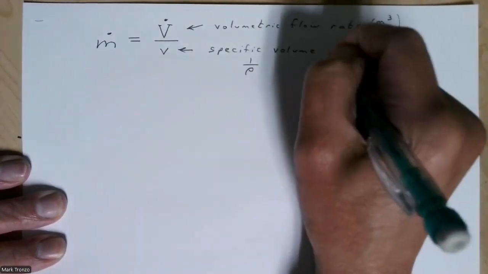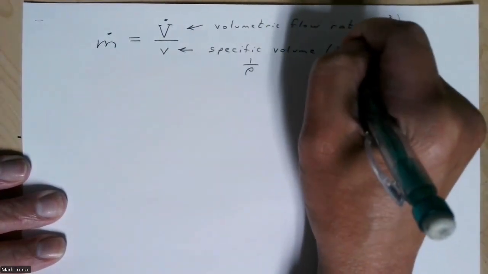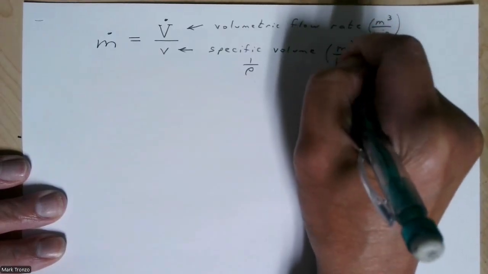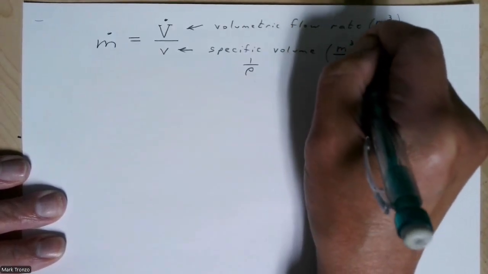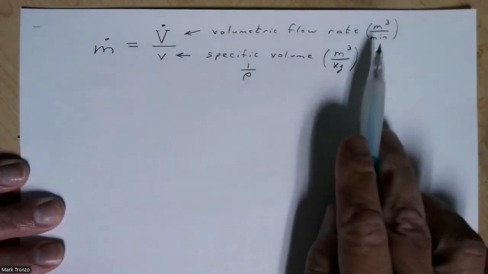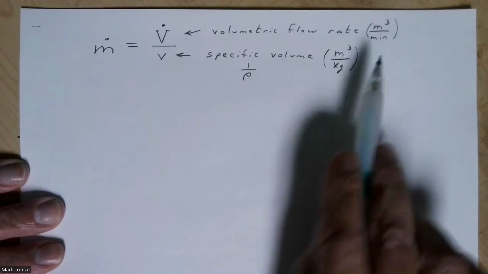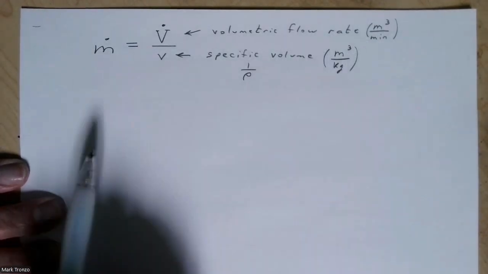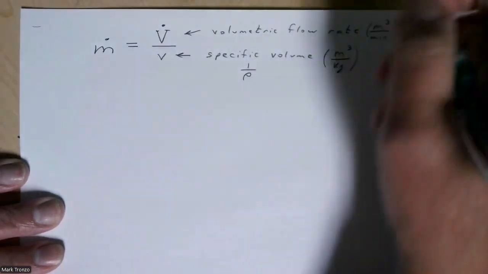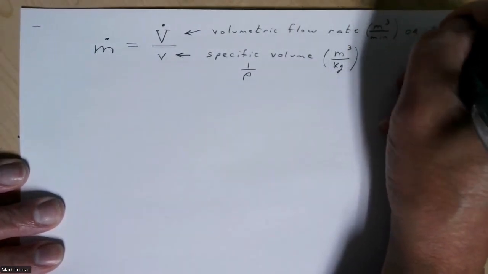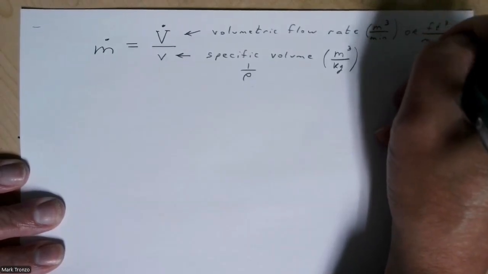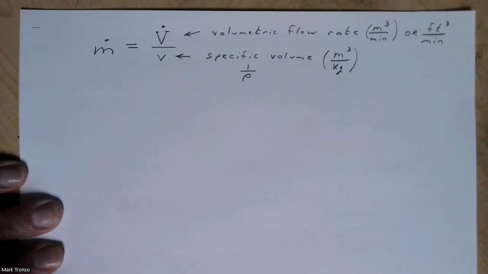And then the specific volume, of course, is meters cubed divided by, say, kilogram. And so you can see the meters cubed will cancel, so we'll have kilograms per minute or possibly kilograms per second. And of course, in English units, this could be feet cubed per minute or feet cubed per second.